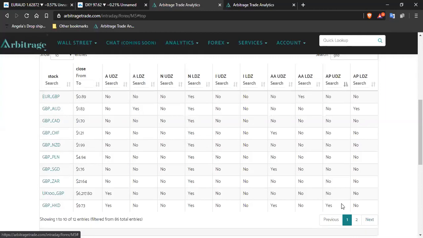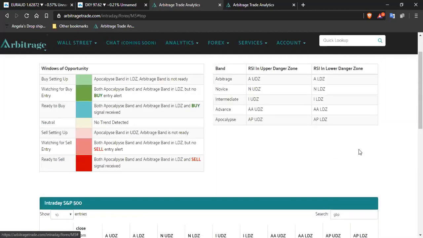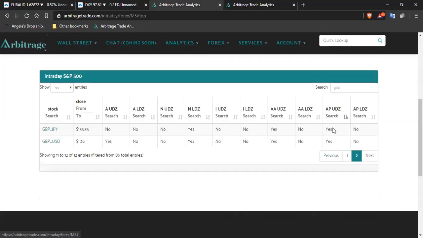GBP Hong Kong, you could trade that if you want. I'm not going to look at it. GJ and GU are at the upper danger zone. So GJ, overall, JPY pairs, I'm a little iffy about them right now. But I still will take a look.